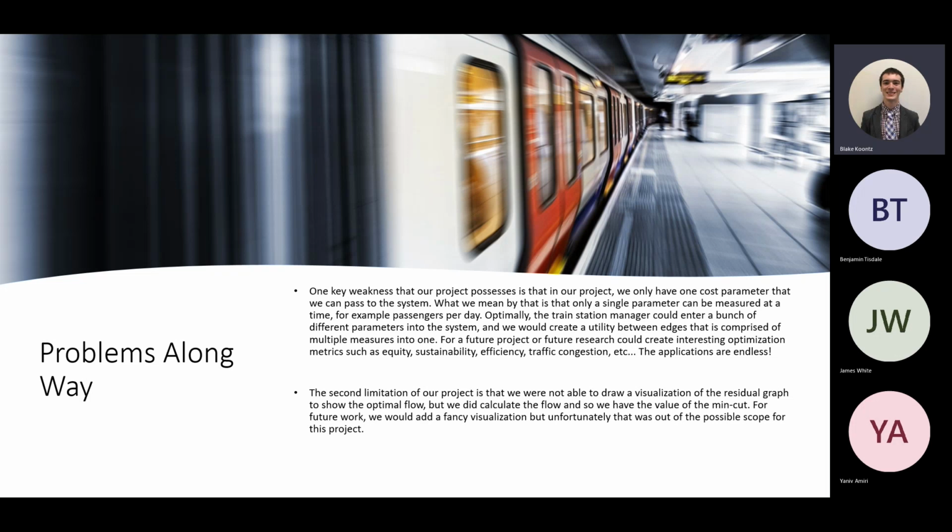If we could have more kinds of variables entered or even automatically generated, maybe the time between stops, how long it took, we might get an idea of what our throughputs actually are and more accurately where the bottlenecks lie for the maximum flows getting through our train systems, especially the Boston MBTA that we probably all take every day. So that is a limitation in finding useful data for measuring all of our edges for optimization.